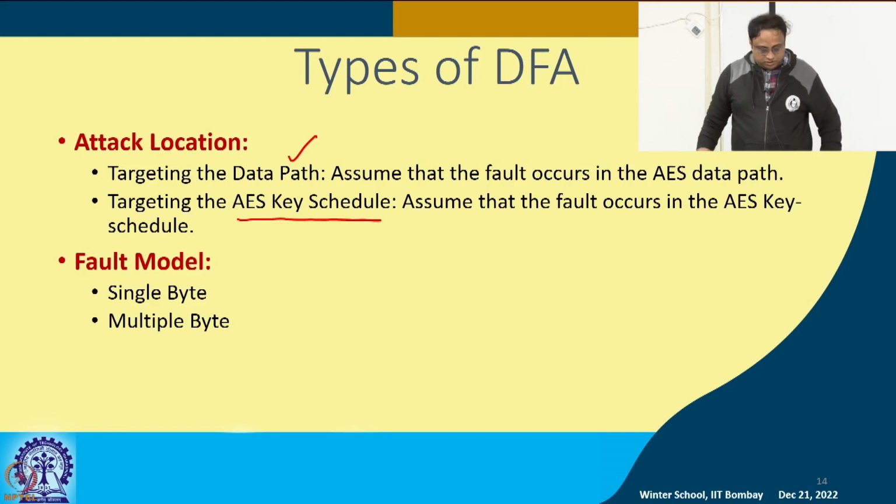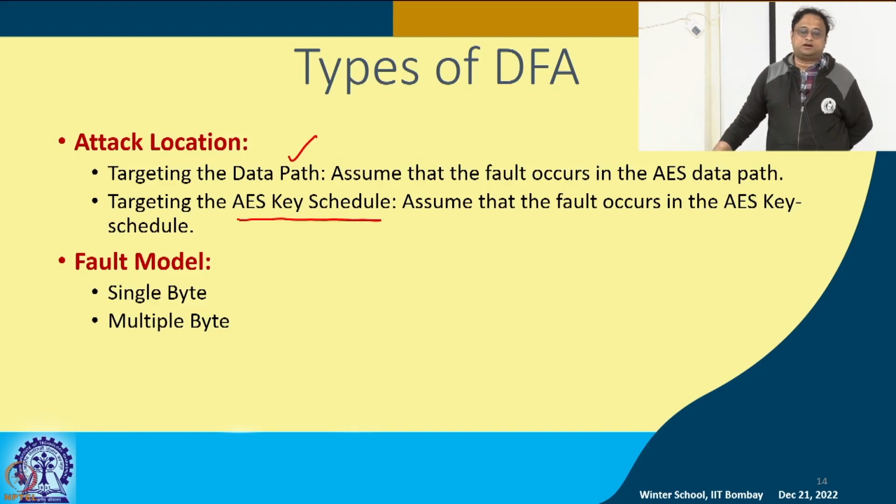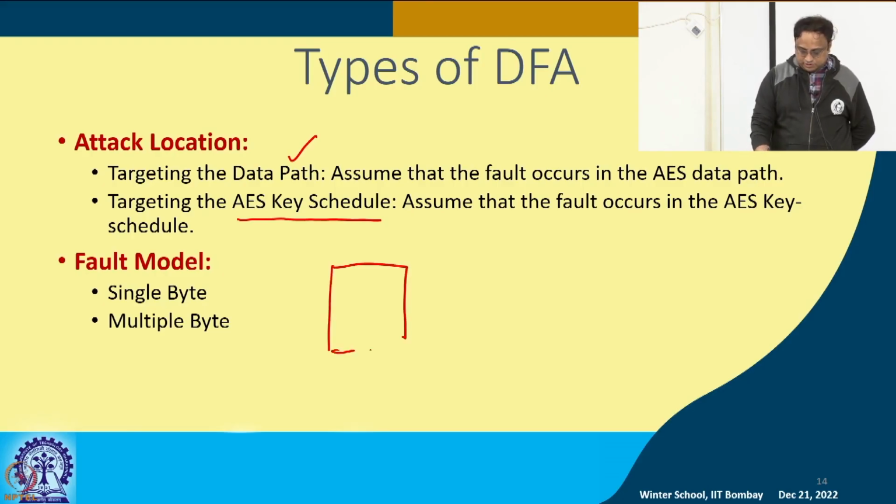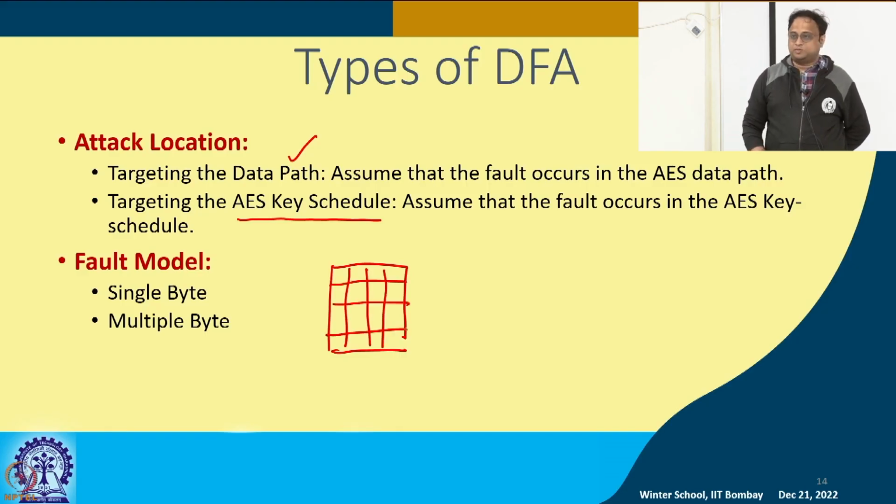Any fault discussion starts with a fault model. Fault model means what kind of faults you would like to inject. Remember the AES state matrix, the nice 4x4 arrangement of bytes. We will assume a very popular fault model in our discussion, called the single byte fault model.